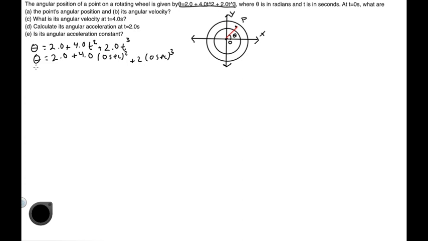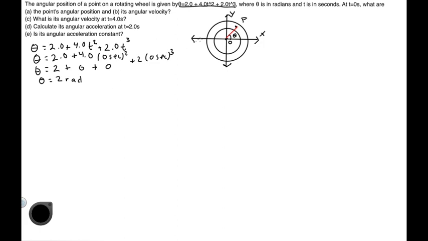Solving for theta gives us 2 plus 0 seconds squared is just 0, times 4 is 0, plus 0 seconds to the third power, which is just 0, times 2 gives us 0, so theta equals 2. And as the problem mentions, theta is in radians, so theta equals 2 radians.